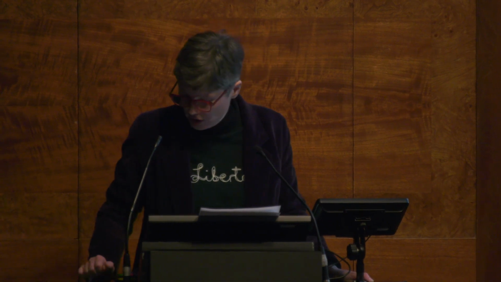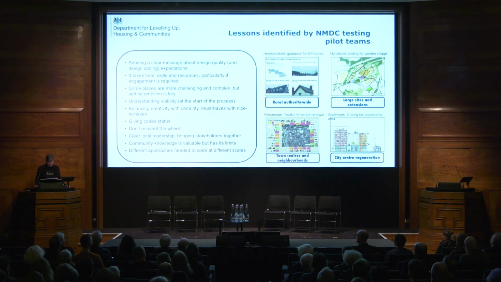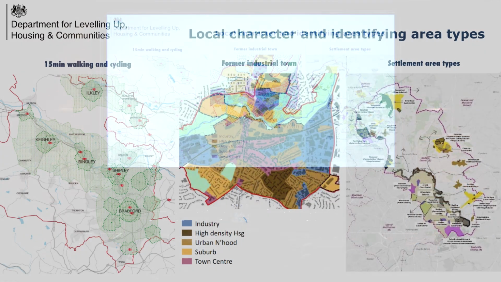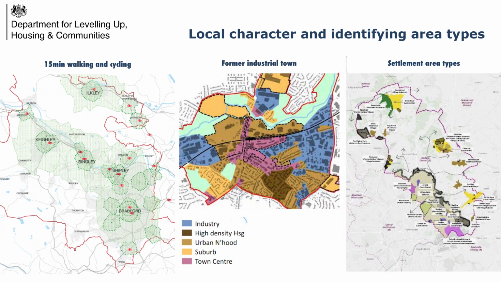So in March last year, we selected 21 local authorities and 4 neighbourhood planning groups to work over a 12-month period to produce design codes. And that was looking at design codes at all scales, from authority-wide right down to site-specific. So the aim of the programme is to identify exemplary codes and share the learning widely.